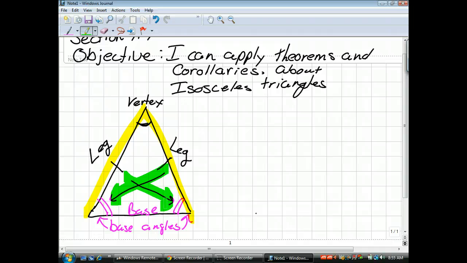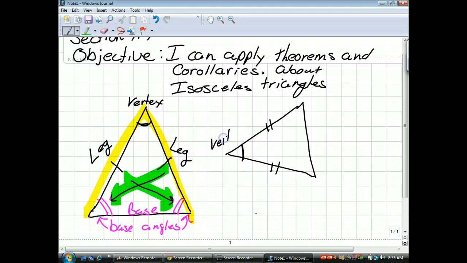And again, remember, it has nothing to do with how the triangle sits. So if I had an isosceles triangle that was like this, and this side was congruent to this side, then this would be my vertex angle, because it's the angle formed by the two congruent sides, or legs. These would be called our legs. This would be our base.